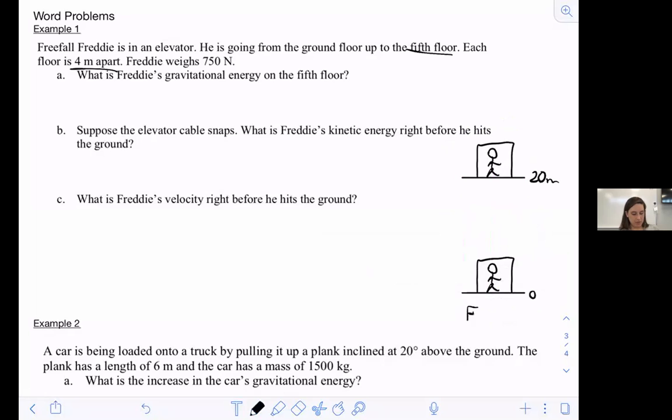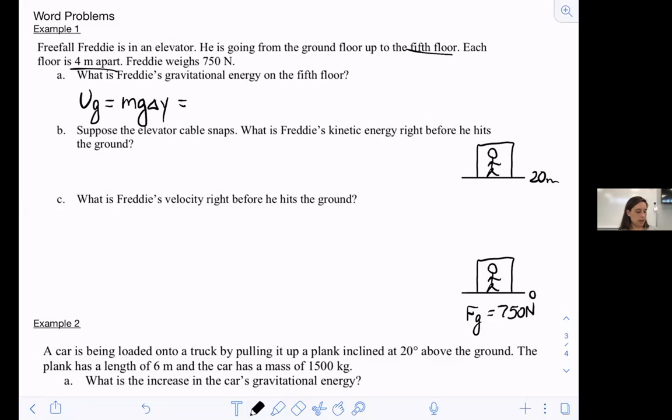And Freddy himself weighs 750 newtons. So his FG is 750. Okay, got it. What do they want me to figure out about Freddy? What is Freddy's gravitational energy on the fifth floor? Okay, so gravitational energy, if you recall from 4.2, can be calculated using mg delta y.